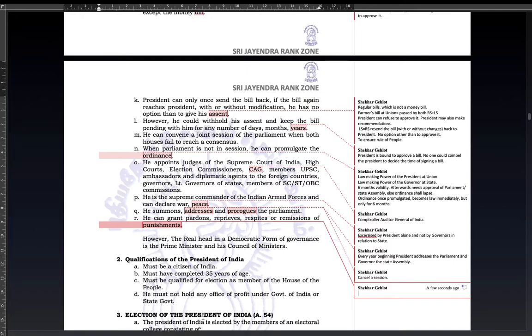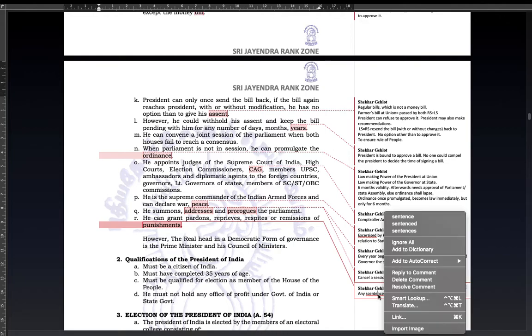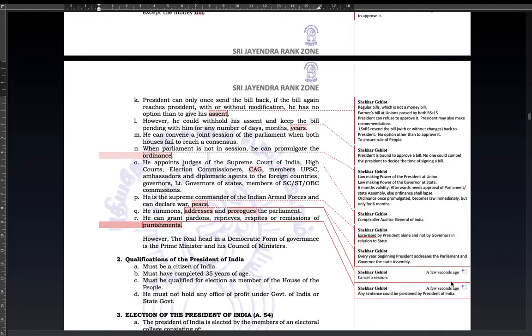He can grant pardons, okay, up to death sentence. Any sentence could be pardoned by the President of India.